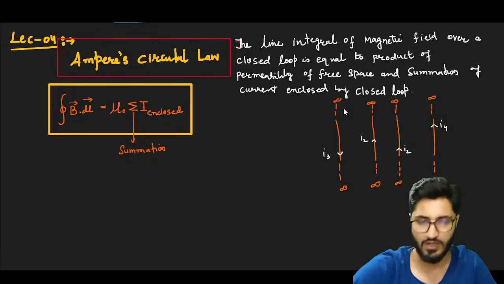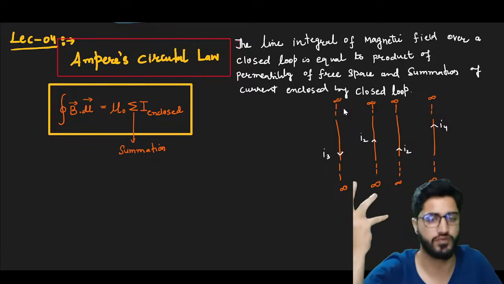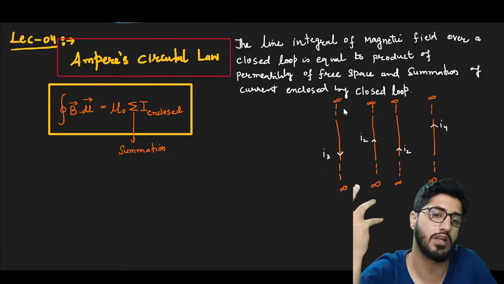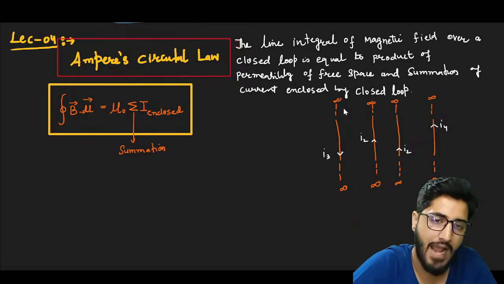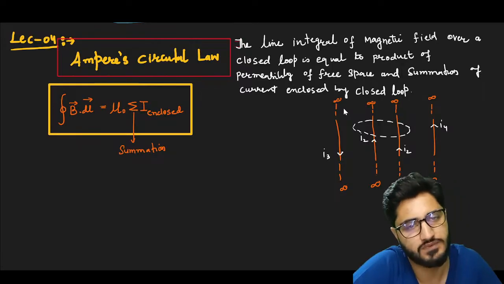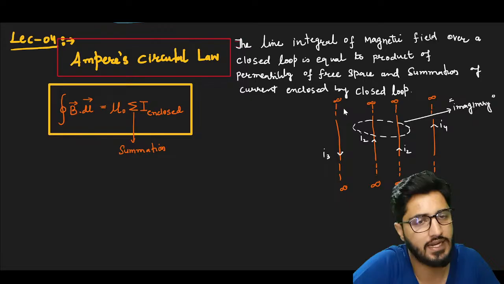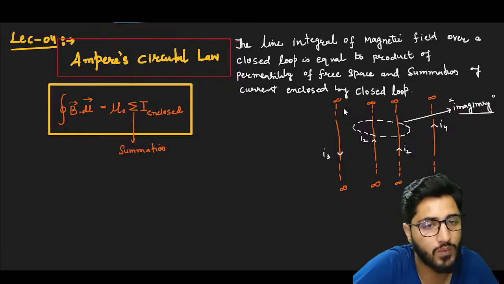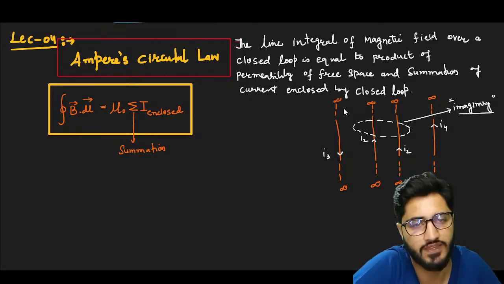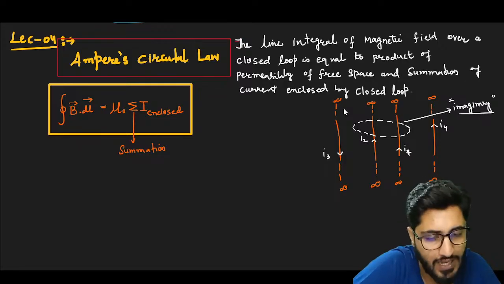Now, let us suppose we want to calculate the magnetic field across these two, so I will make a loop. This means an imaginary loop, dotted lines mean this imaginary loop. It simply indicates I want to calculate the effect of current I1 and I2.